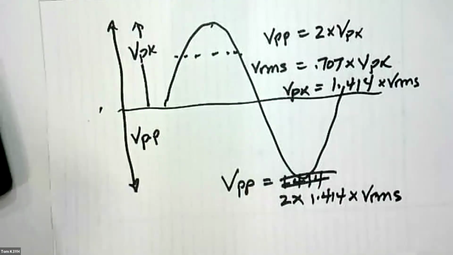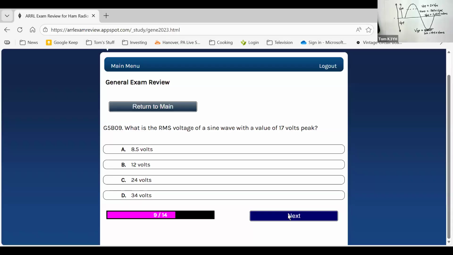Okay, then the other question is the very next one, go to B09. What's the RMS voltage of a sine wave with a value of 17 volts peak?